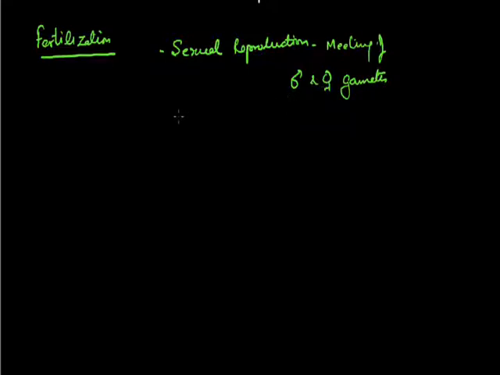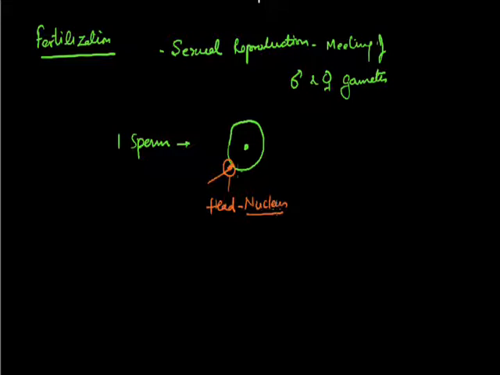In case of man, only one sperm is able to penetrate the wall of egg. Suppose this is the egg in the secondary oocyte stage, and we have got one sperm. So the head portion of the sperm, which bears the genetic material, that is nucleus, is able to enter inside the egg.